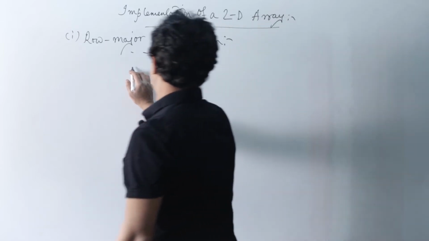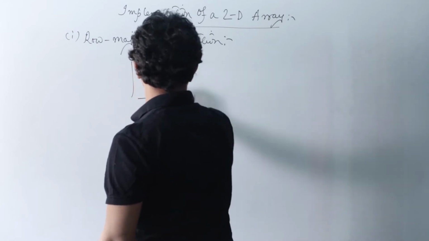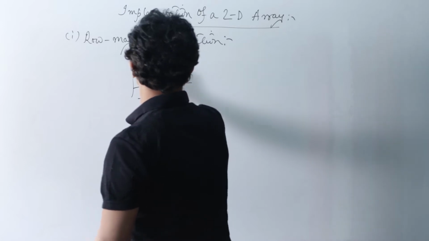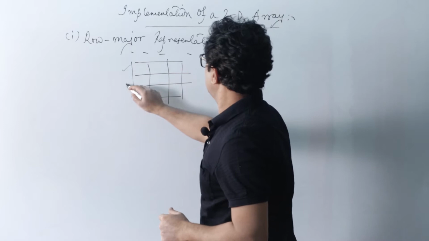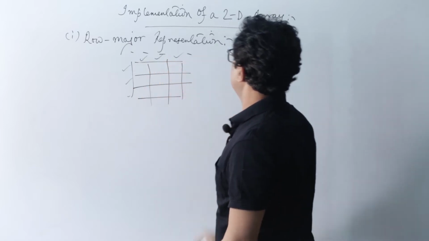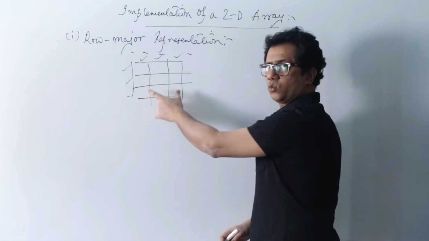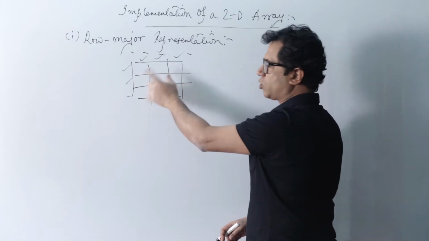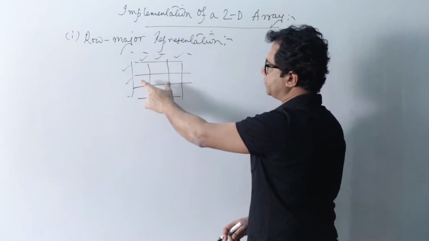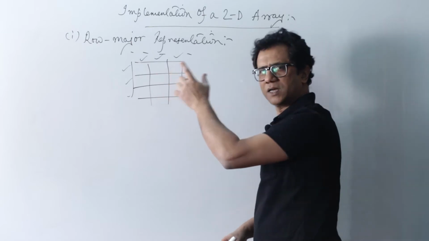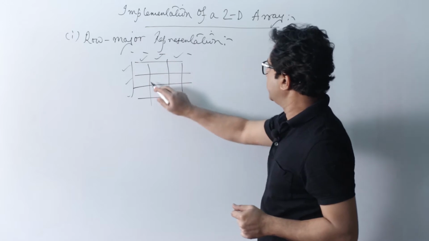So here, if we examine a simple two-dimensional array containing three rows and three columns, these are the rows and these are the columns. If you consider this to be a two-dimensional array in the logical way of representation, it is not necessarily stored in the memory of the computer in this method, because in the computer memory it is stored as a one-dimensional array, not as a two-dimensional array as it looks in this figure.